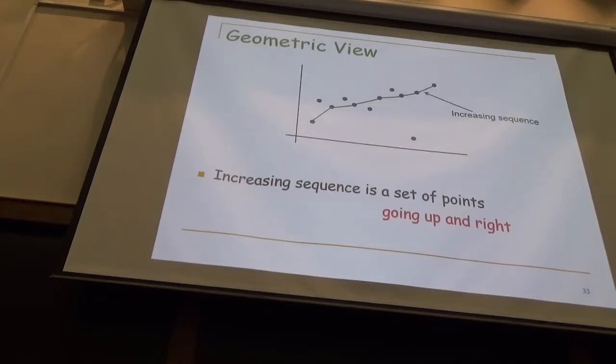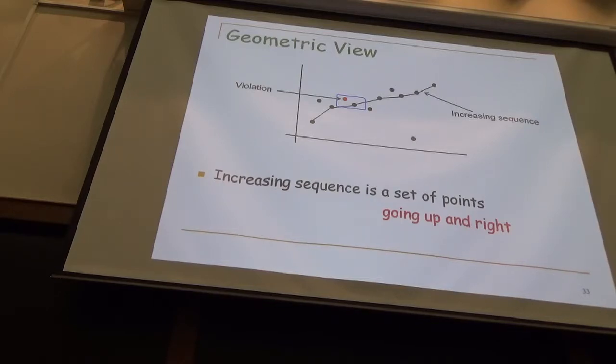Now an increasing sequence is just a set of points going up to the right. And a violation is a pair of points which are out of order.